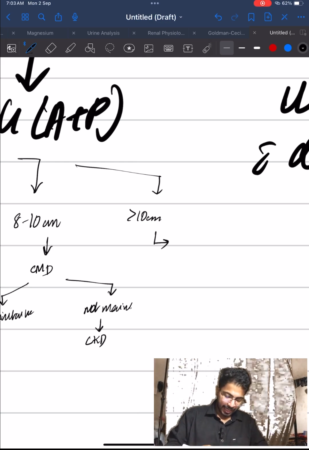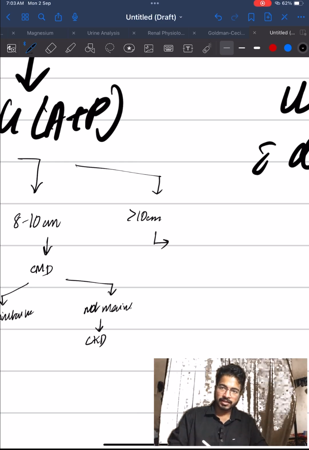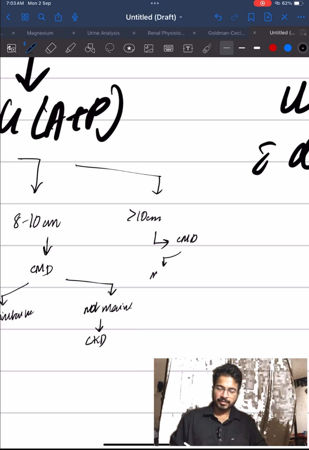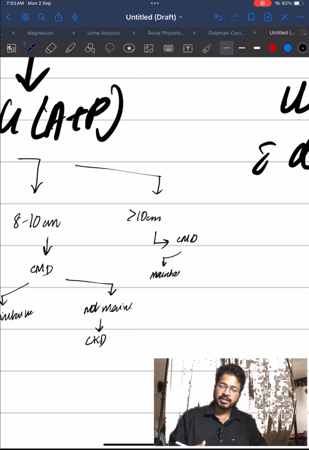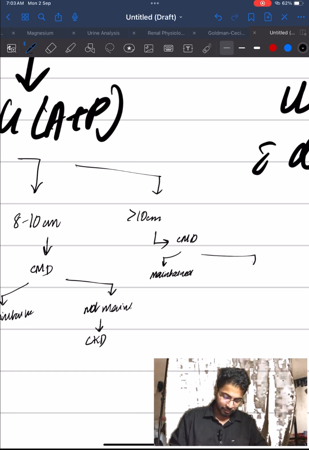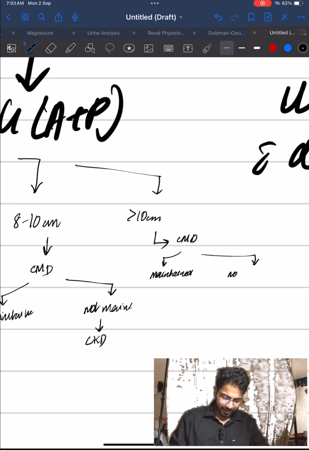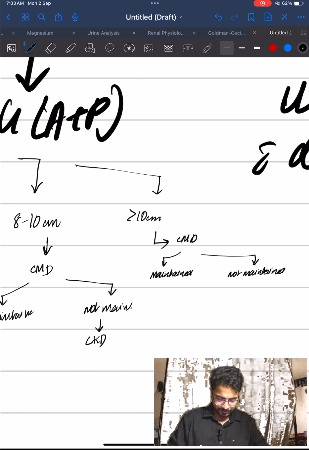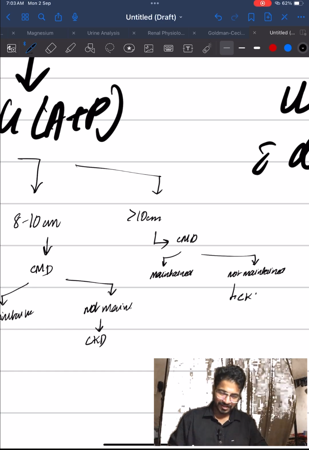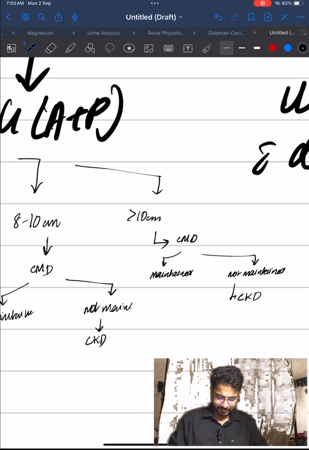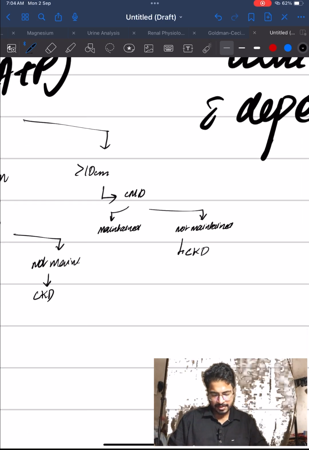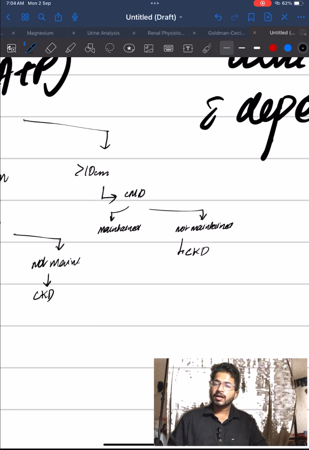You can classify the stage based on EGFR with the KDIGO. For greater than 10 centimeter, even if the size is normal, you have to look for CMD. If it is maintained, well and good. If it is not maintained, again CKD.